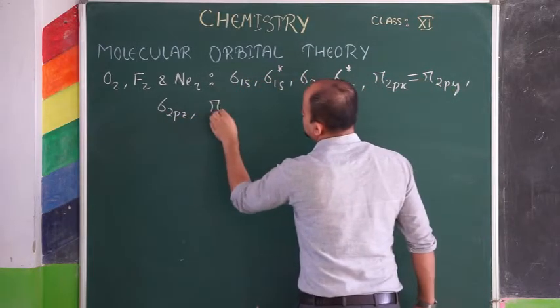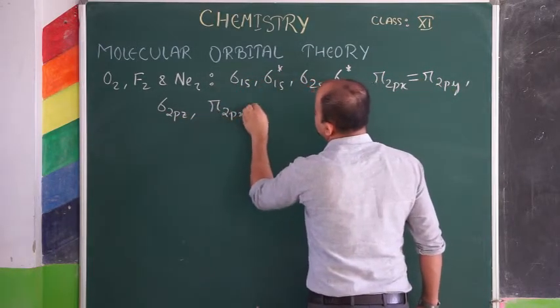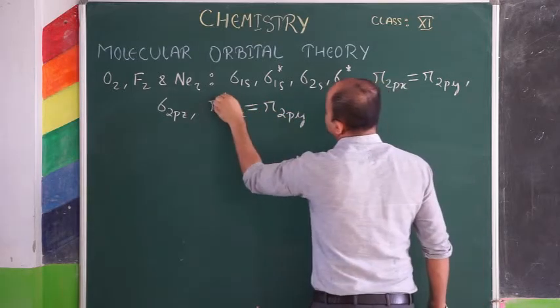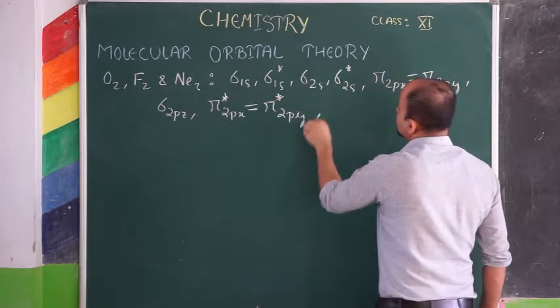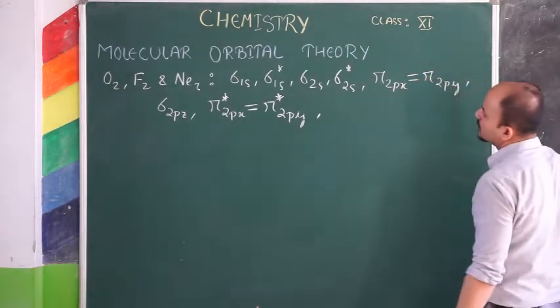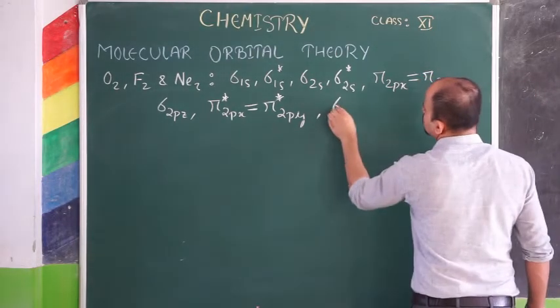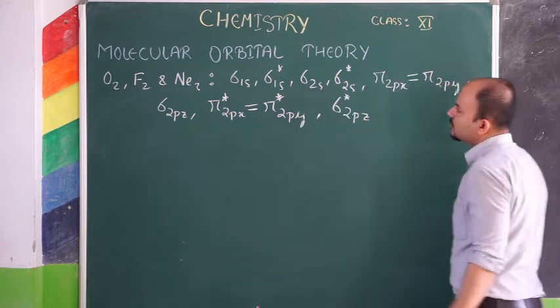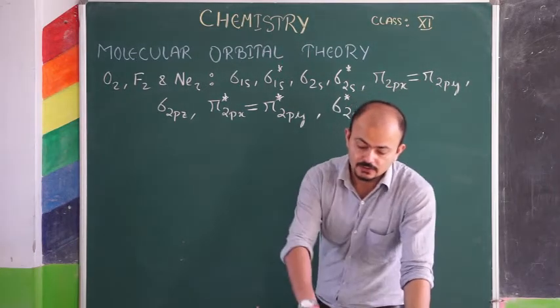After that we have pi 2px star, which is equivalent in energy with pi 2py star, and here we have anti-bonding orbitals. Then comes sigma 2pz star. So this is the sequence for oxygen, fluorine, and neon.